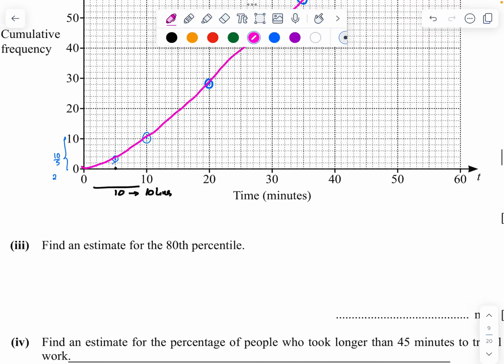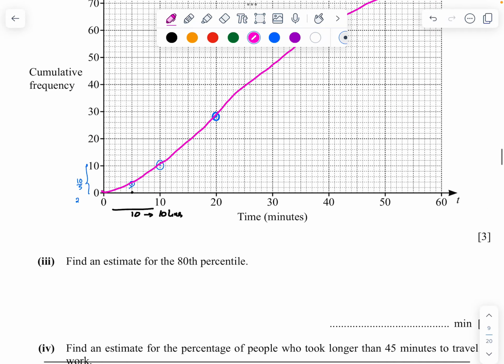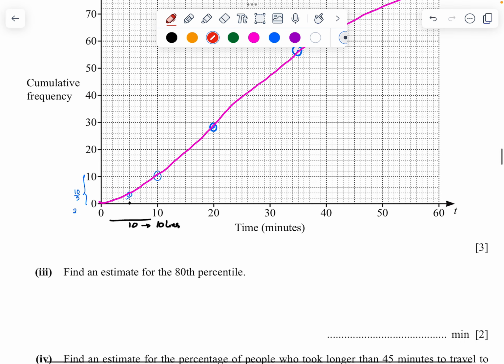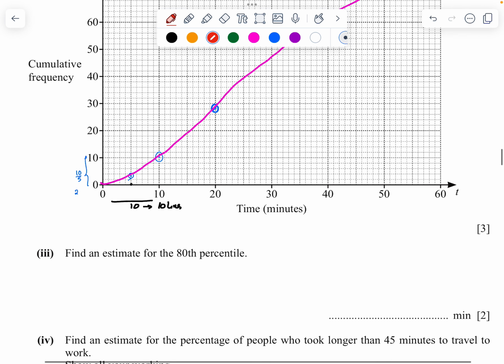Find the estimate of the 80th percentile. So he is asking us to find the 80th percentile. 80 times 80 upon 100, which is 64.